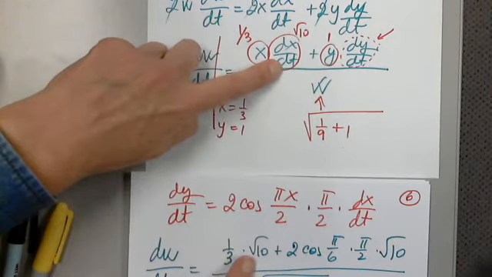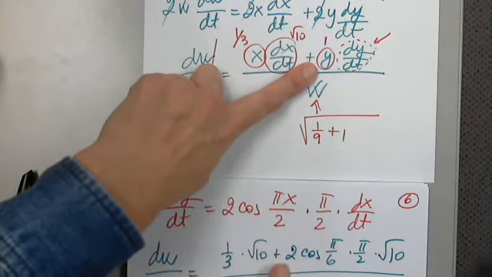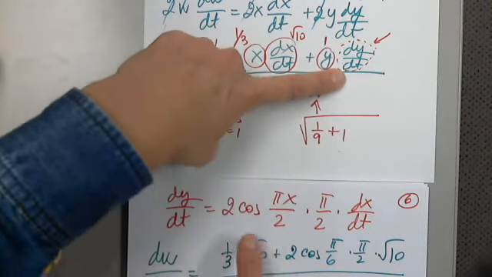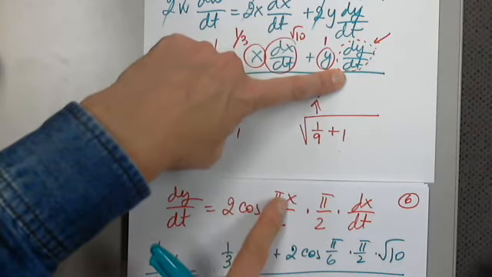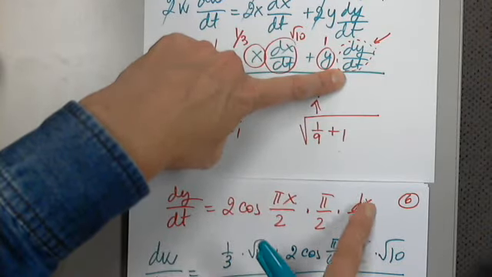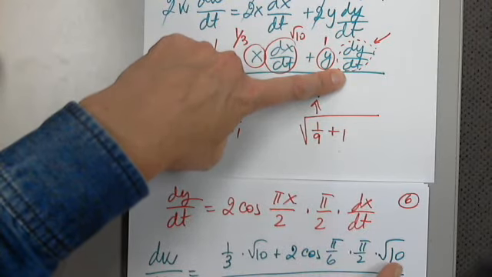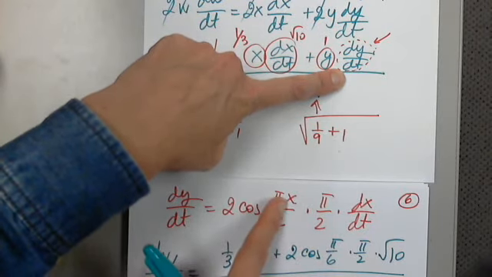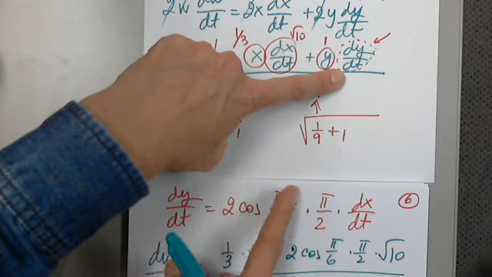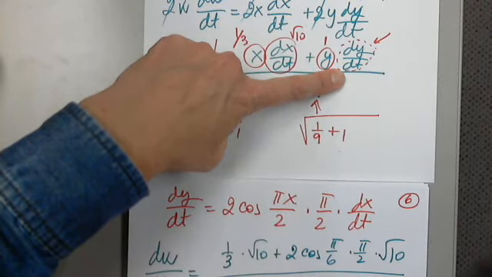So 1/3, the square root of 10, plus y, which is 1, and dy, it's all this, in which I replace x by 1/3, and this by the square root of 10. So I have the pi over 2, I have the square root of 10, and I replace x by 1/3. Pi over 2 times 1 over 3 is pi over 6.